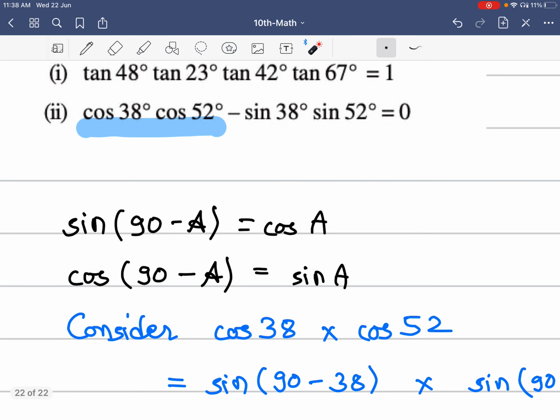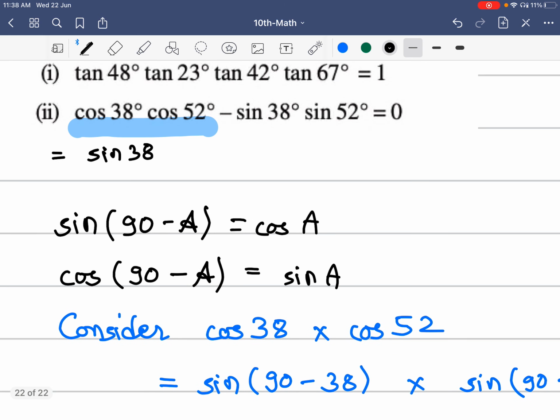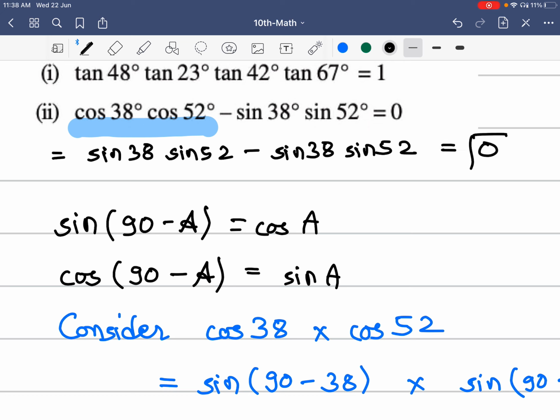So if you substitute that here, it is just going to be equal to sine 38 into sine 52 minus sine 38 into sine 52, and that obviously will be equal to 0 because those are the same terms. So once again, using the complementary angle property, we have proved that this is equal to 0.